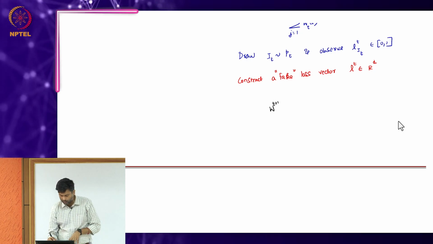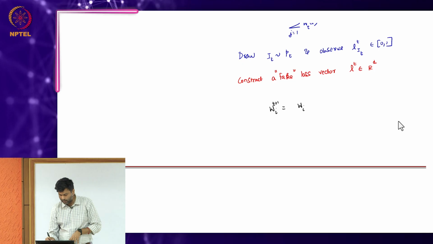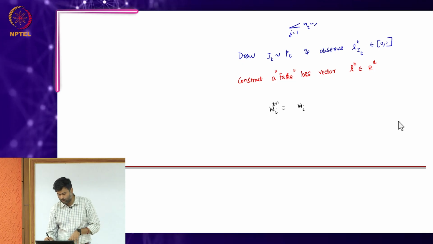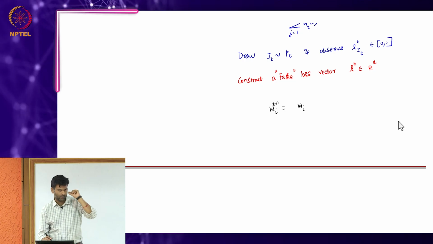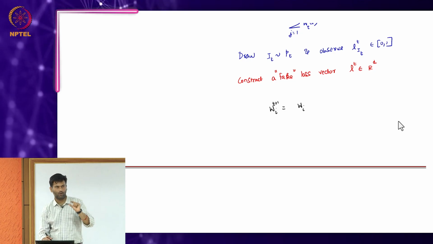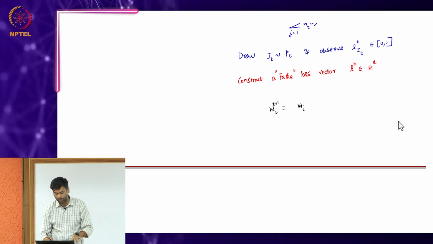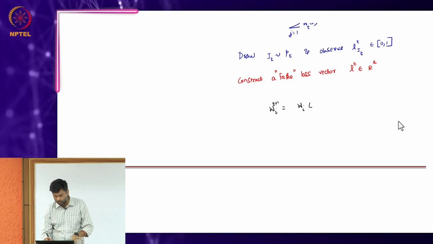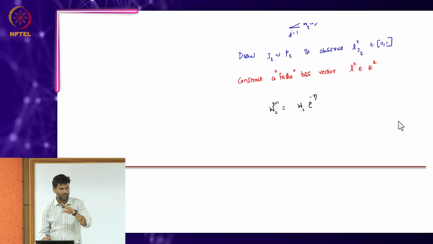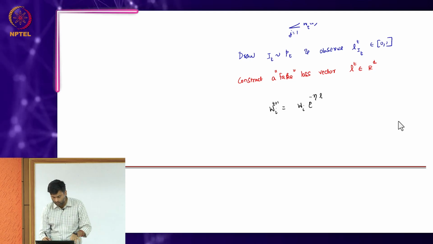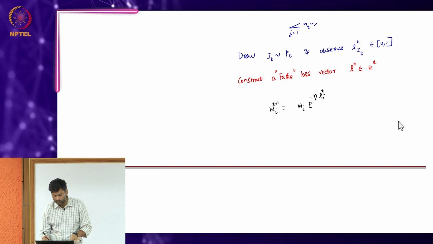w_{t+1}(i) is w_t(i) times, so earlier we were using 0-1 losses, either my expert was correct or wrong. Now the loss could be any number. Earlier I would use e to the minus eta or 1 minus epsilon, both are equivalent. Now I will use the loss l_t(i).